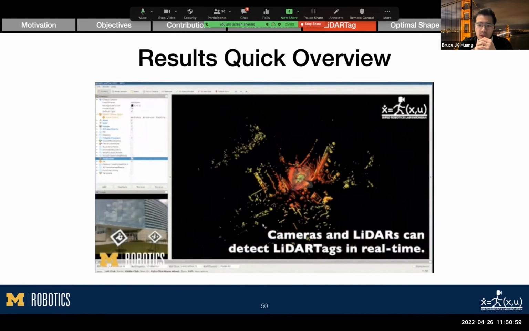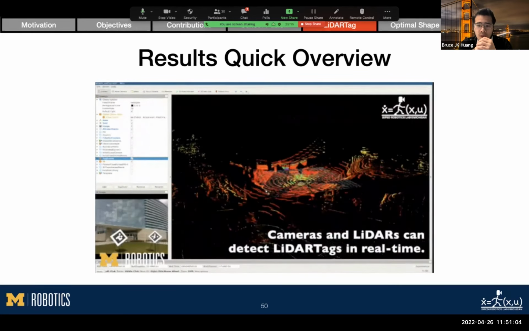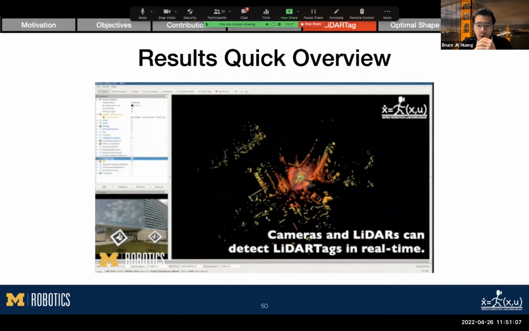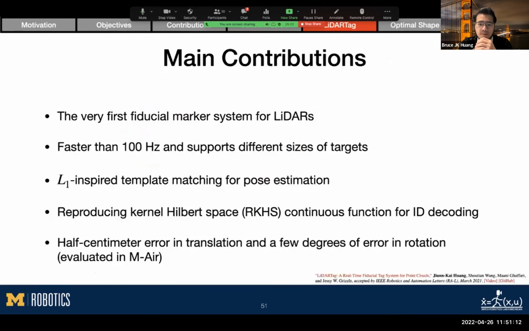Here, we show the video of the LiDAR tag system running faster than 100 Hertz to detect different sizes of LiDAR tags, while handling a full scan of LiDAR point cloud. In addition to the first two points, we also applied the L1 inspired template matching method for pose estimation. Next, we leverage continuous functions in reproducing kernel Hilbert space for ID decoding due to the sparsity of LiDAR measurements. At the end, we achieve half a centimeter error in translation and a few degrees of error in rotation.